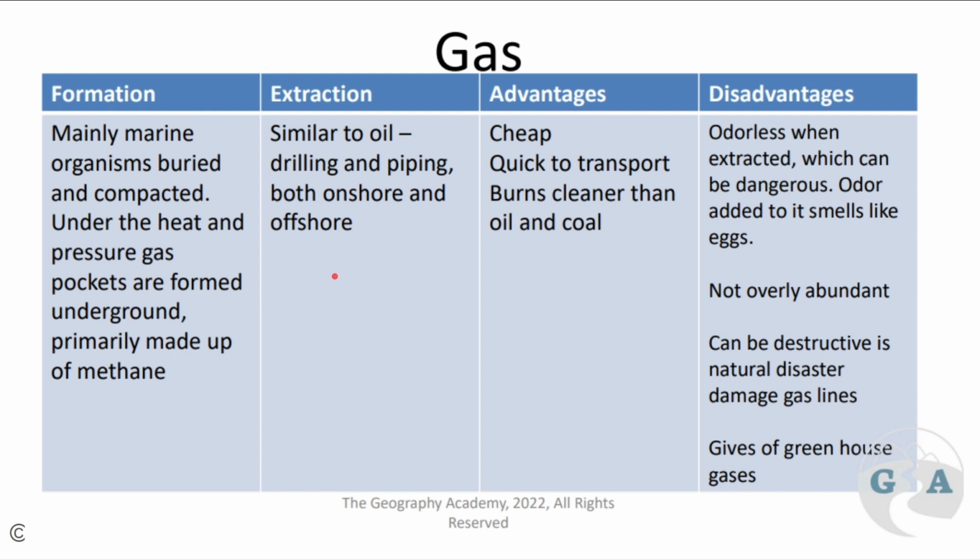We have gas trapped above areas where oil is formed, and this can become trapped and can be released. This can burn a lot cleaner and lead to fewer particles in the atmosphere and pollution. It's dangerous though, as it can be unstable, and if there's a reaction or an explosion, this will cause quite a large one, as the gas is usually interconnected and is transported through huge gas lines.